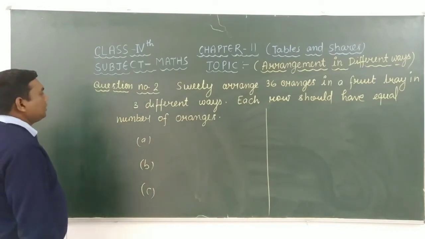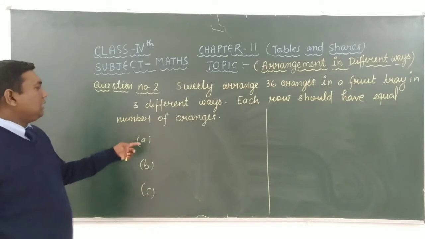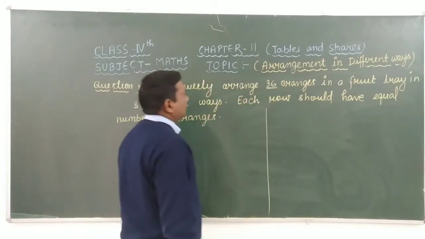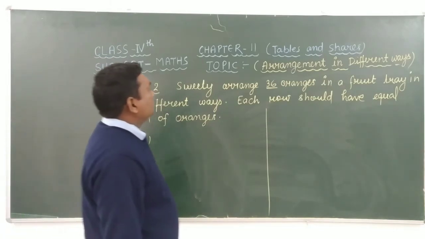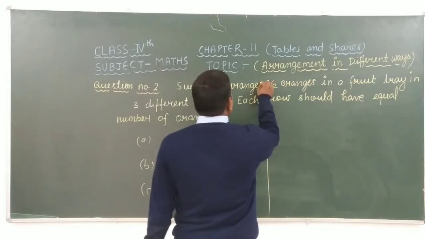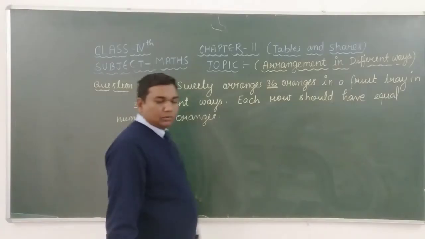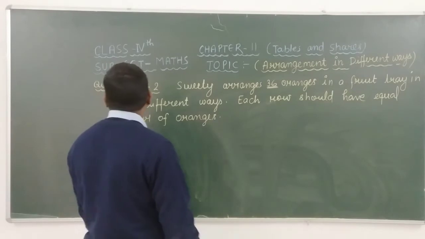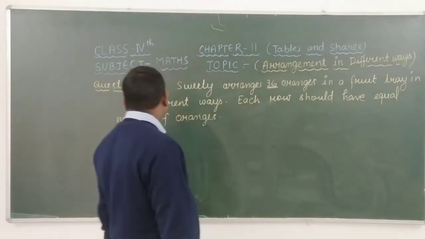In this question we are given that the total number of ways is 3 and the total number of oranges is 36. It means that Sweetie has 36 oranges. With the help of question number 1, we have to solve this question.